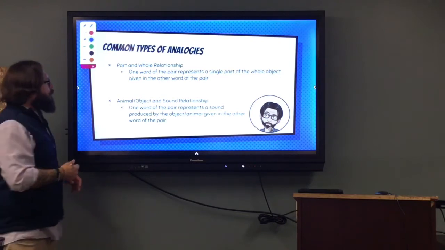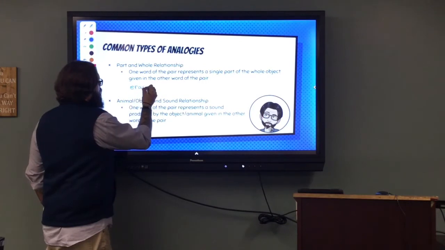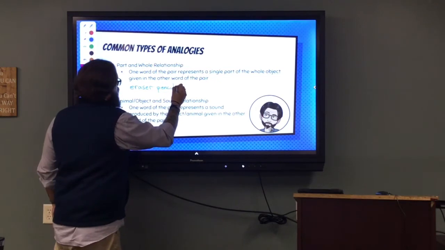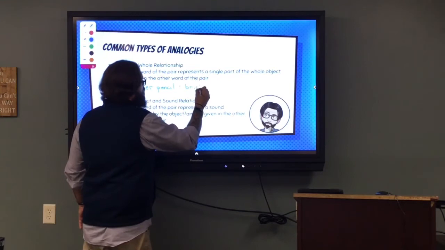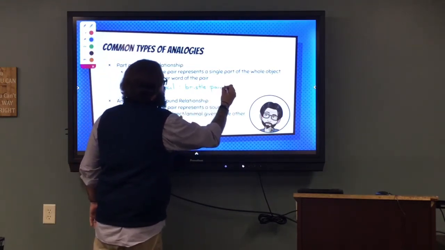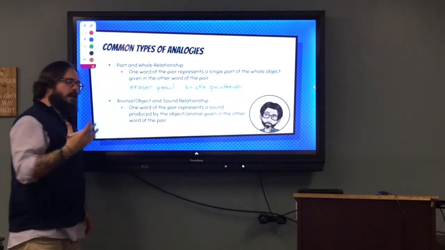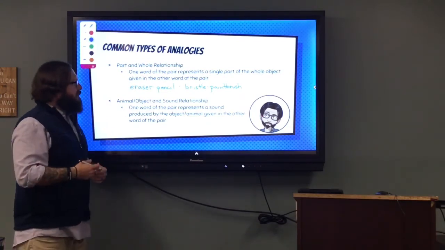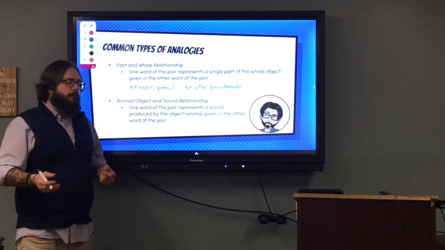So an example of the part and whole relationship could be eraser is to pencil as bristle is to paintbrush. So the eraser is a part of the whole pencil, just as a bristle is part of a whole paintbrush.